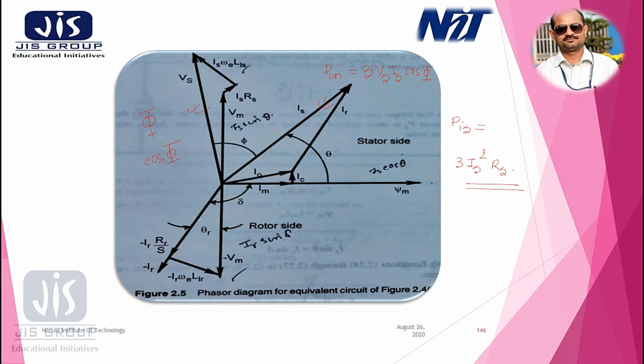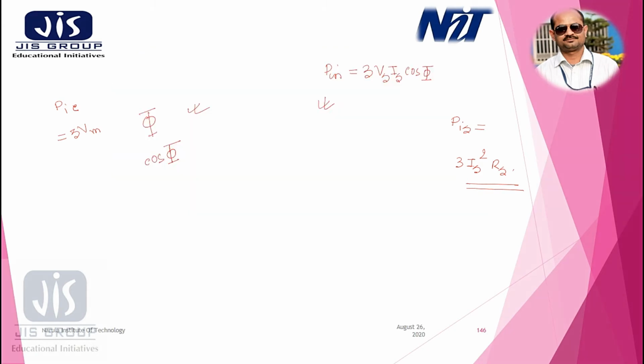Now what is my core loss? We can take core loss as Pc. So what is my Pc? It is 3 times VM into IC, because it is 3 phase, the voltage is the stator side VM, and if we recall the shunt branch parameter, the core loss component we have assumed as IC.